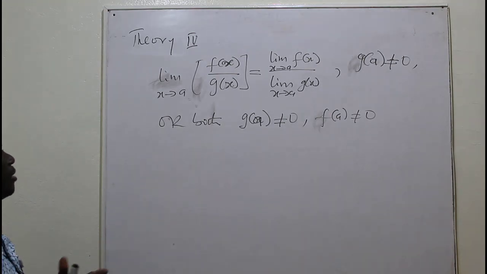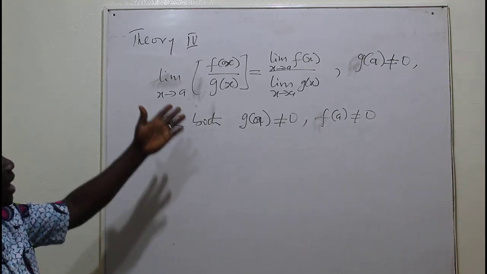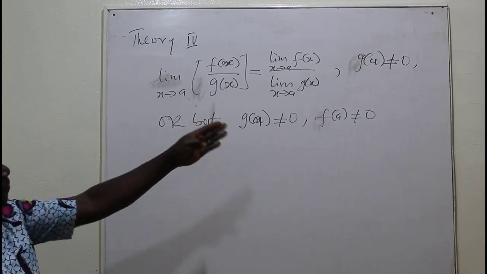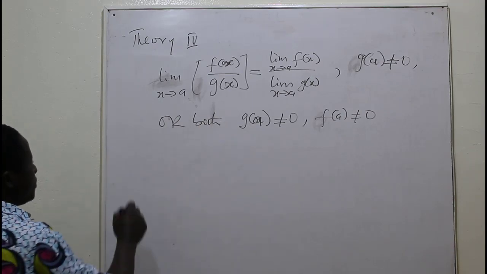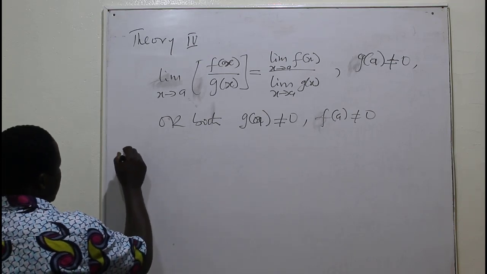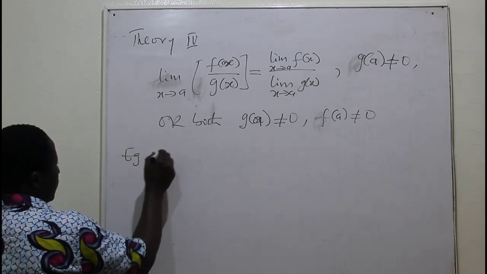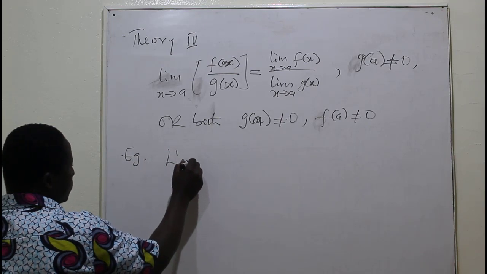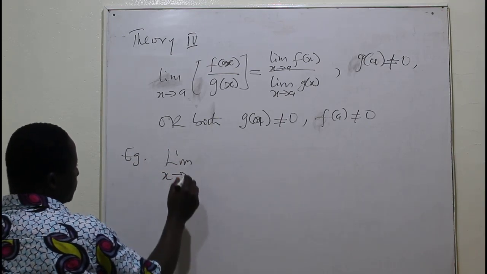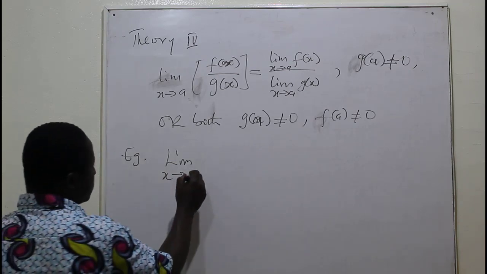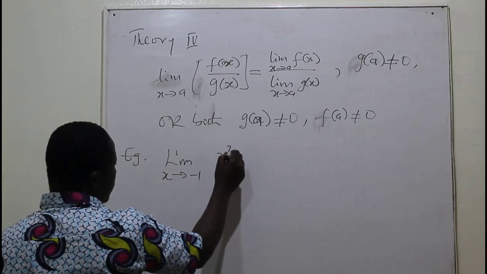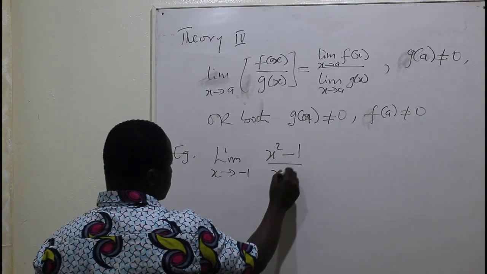So anytime you are given such a rule and you want to apply it, make sure you test for these conditions before you apply it. Example 1: we have the limit as x approaches -1 of x squared minus 1 over x plus 1.